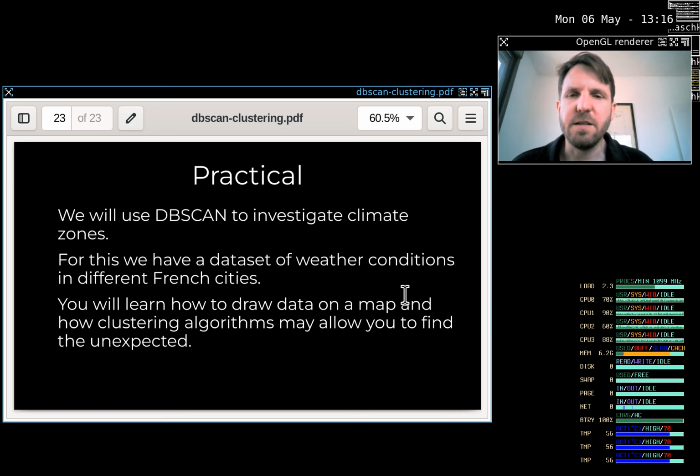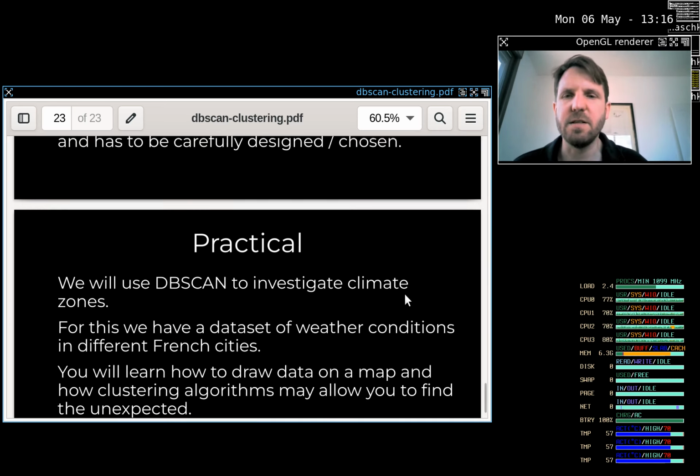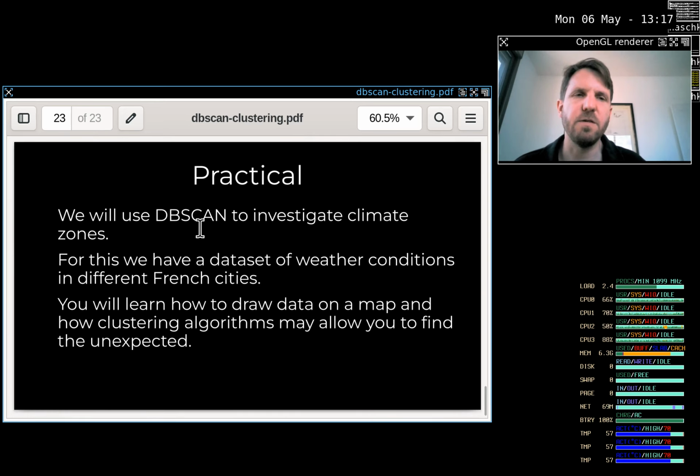This will be our practical, and in the next video you will learn how to practically work with this DBSCAN algorithm, and how to use it together with scikit-learn clustering algorithms to find patterns in your data that you haven't seen before. That's the whole idea behind it.